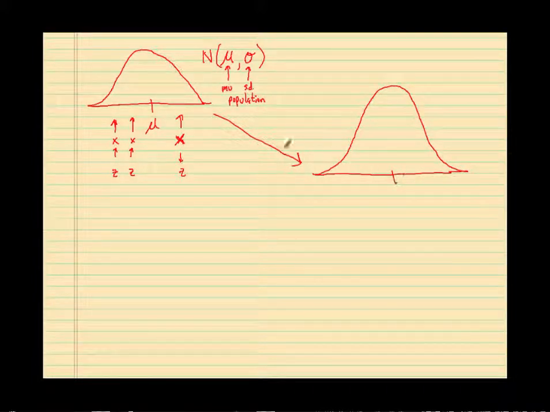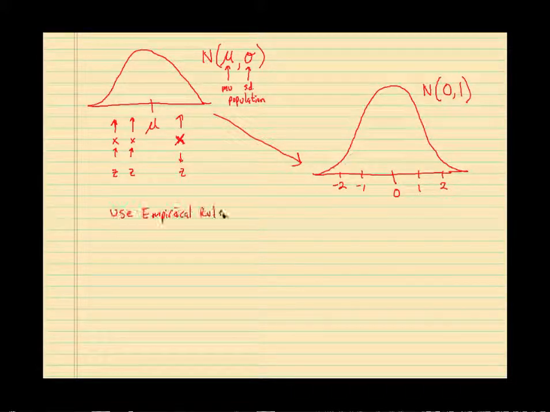So I'm going to turn all these x's into z's. So that'll be 1, 2. This one will always look the same. -1, -2. And when we do this, this is going to be normal, and the mean will be 0, and the standard deviation will be 1.